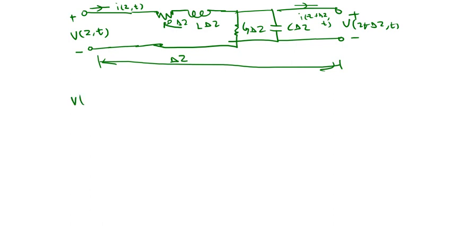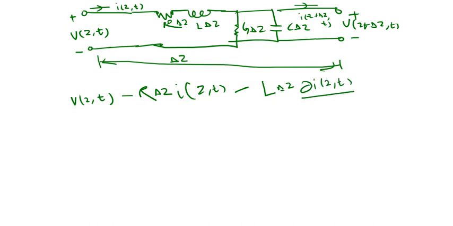So you can write as V(z,t) minus R delta z, the resistance, multiplied by the current I(z,t), minus L delta z del I(z,t) divided by del t, minus V(z plus delta z, t) is equal to 0.